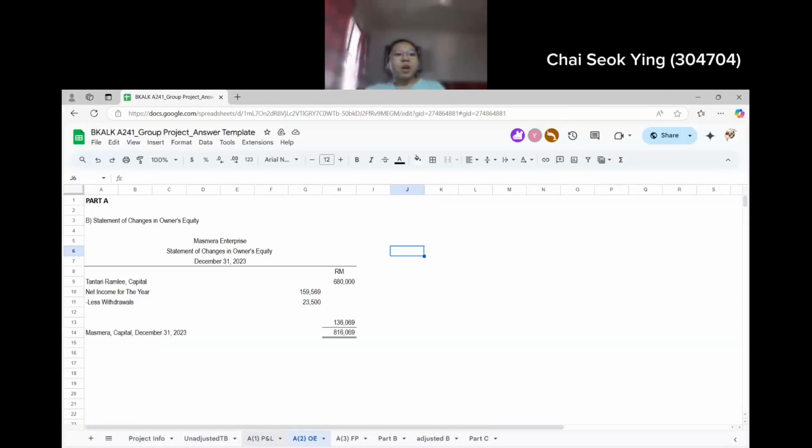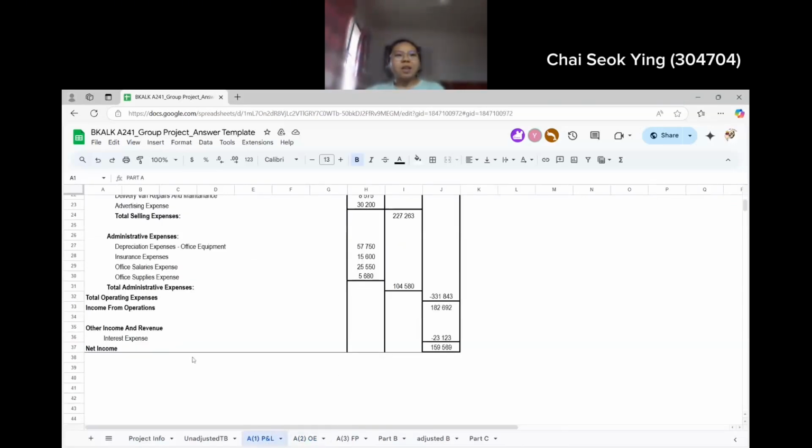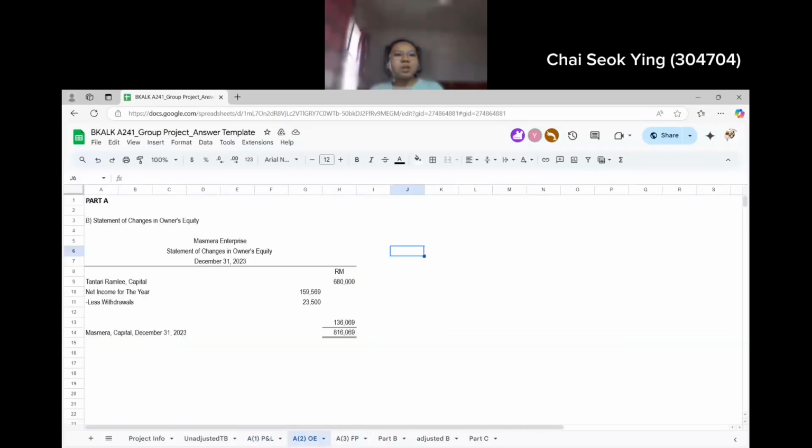Given the capital of Tantari Ramli is 680,600, and the net income for the year, as given by part A, is 159,569. The net income must be deducted by the withdrawal. The withdrawal is 23,500.